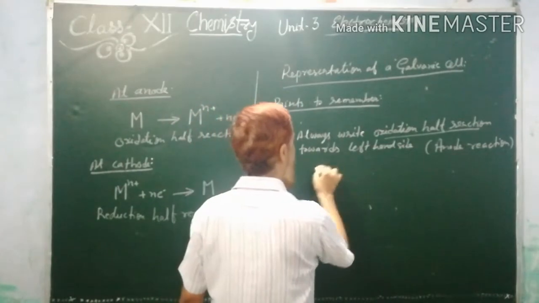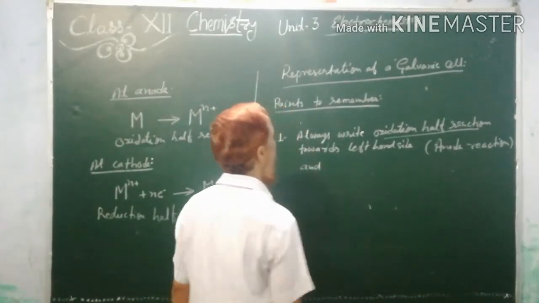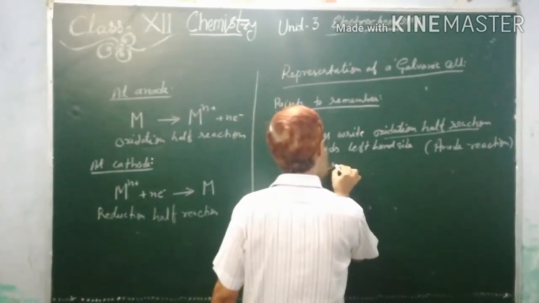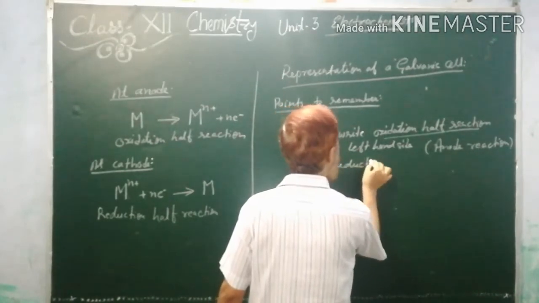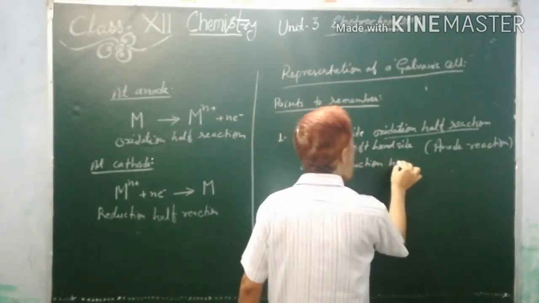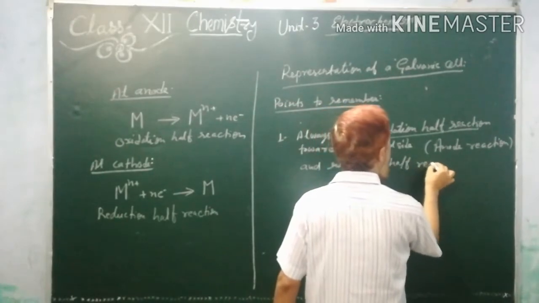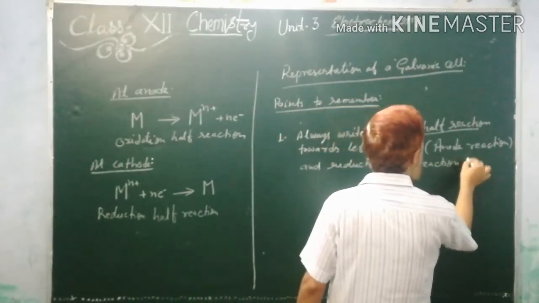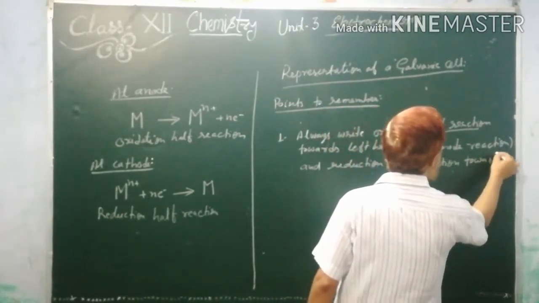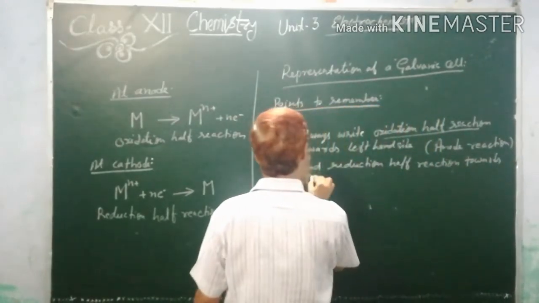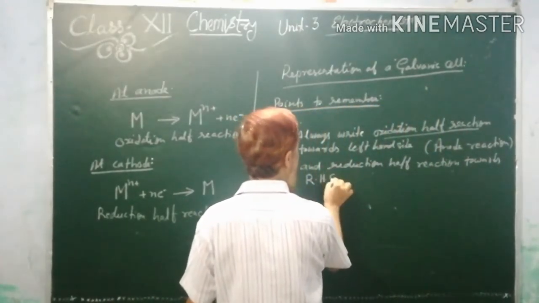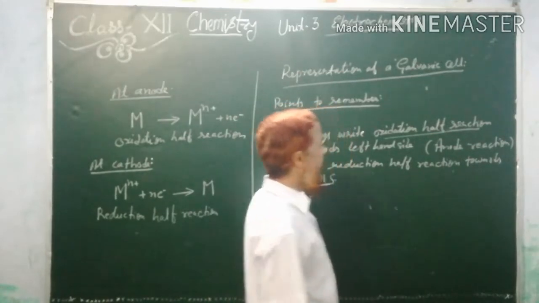Second, write the reduction half reaction towards the right hand side, RHS.